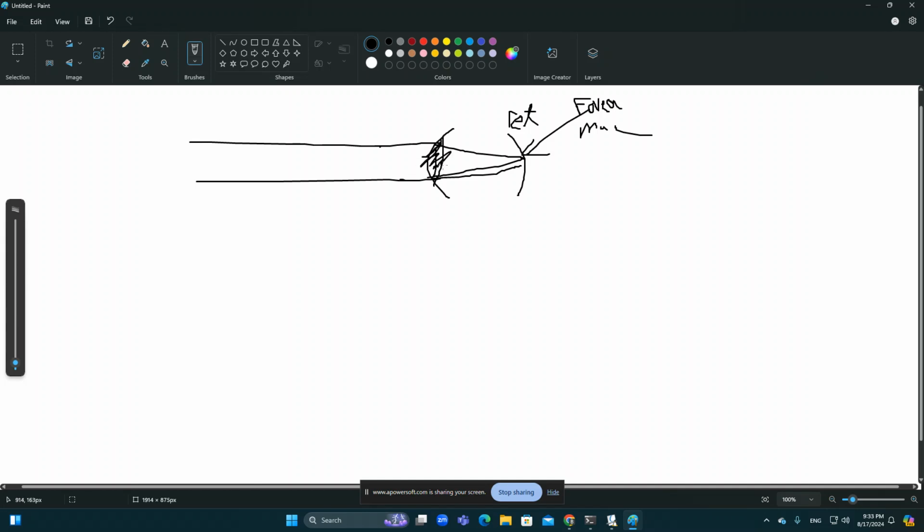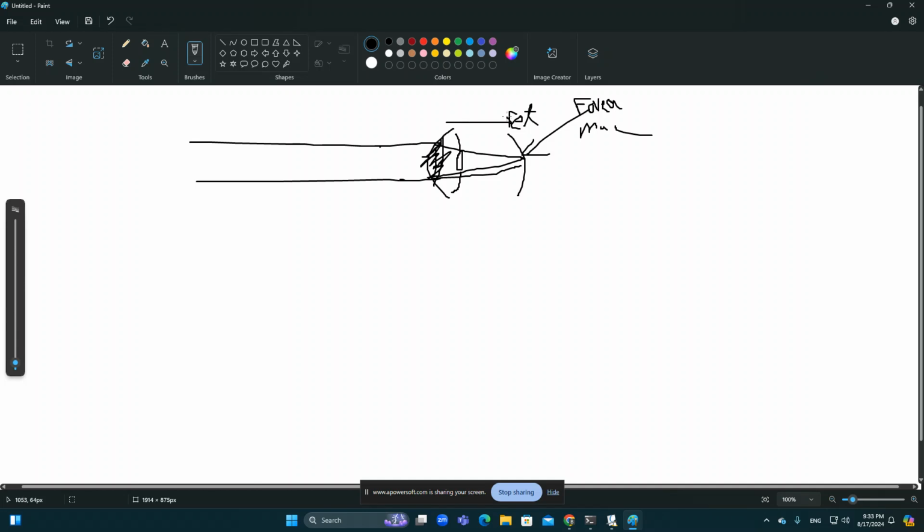This is the cornea, it's quite constant. But the lens that we've got here can change in shape. There are the ciliary muscles and everything here that can change the shape of the lens, which helps us focus the light rays that come to the eyeball, to the retina, from different distances.